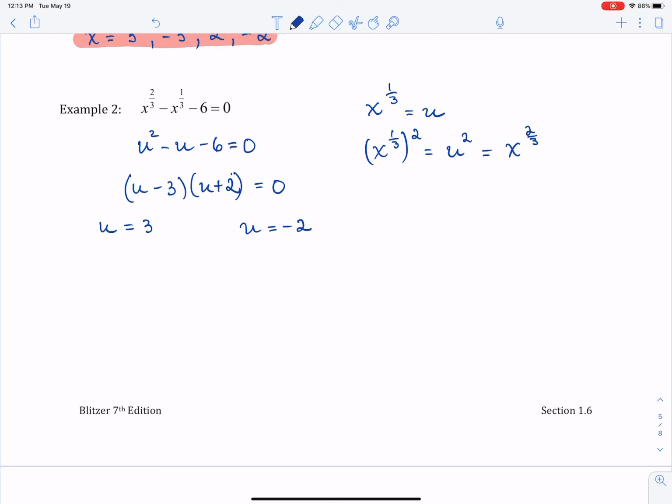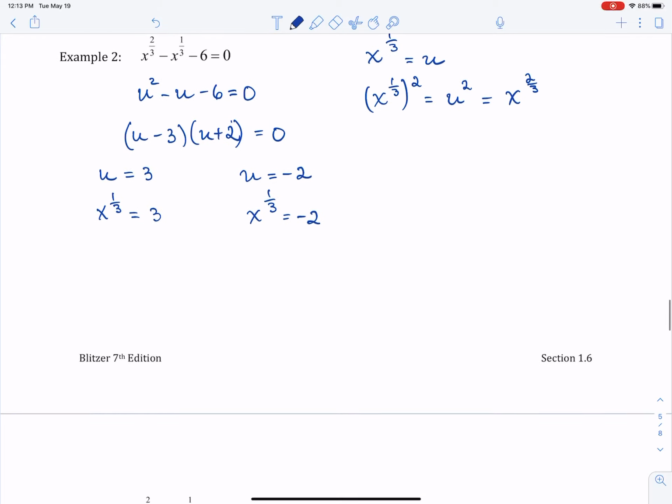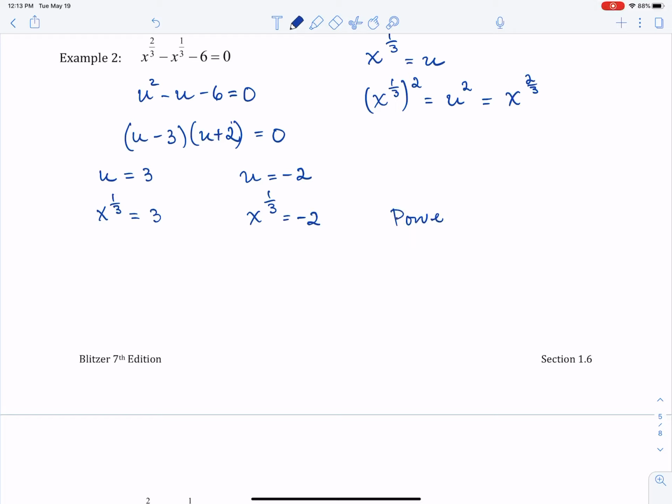Now, x powered by 1/3 was equal to 3, and x powered by 1/3 was equal to negative 2. To solve for x, we're going to power both sides by the reciprocal of 1/3, which is 3.